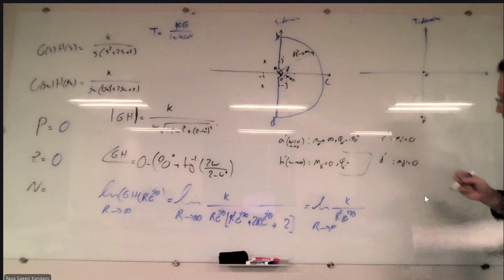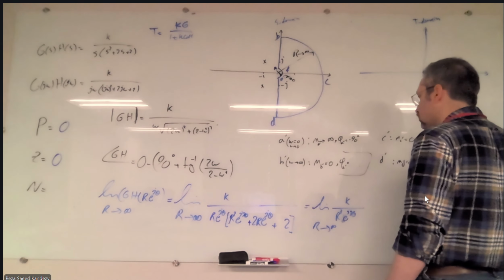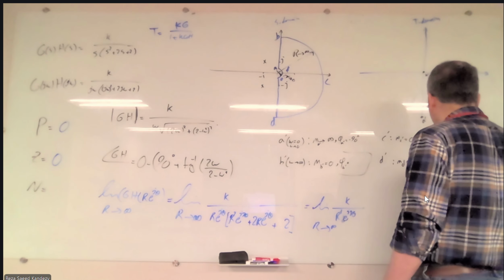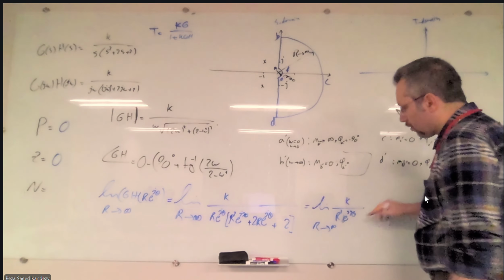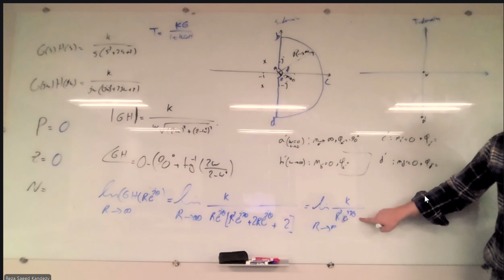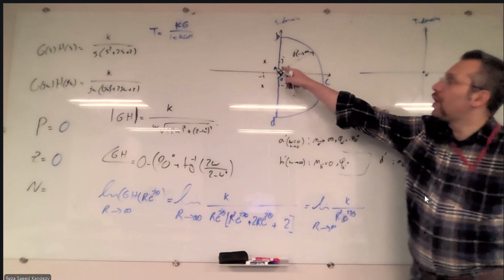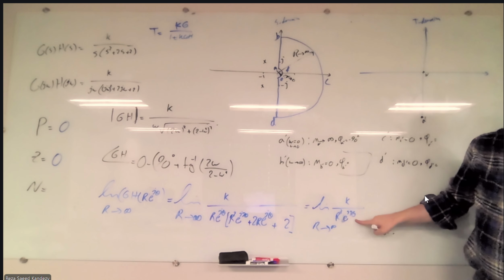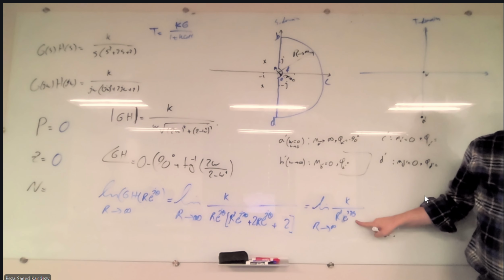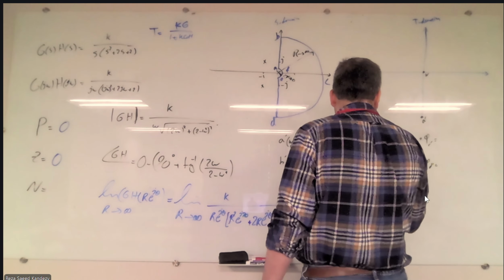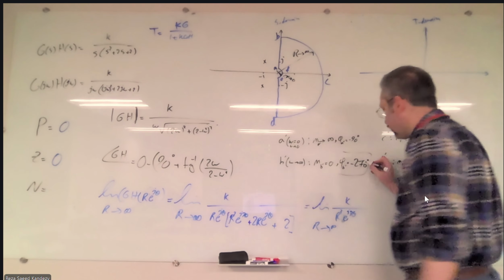Now, how about the phase? The phase of the C prime, B prime, and D prime. The phase is going to be 0 minus whatever phase we have in the denominator. So for B prime, we have 90, so 3 times 90 is going to be 270, and we have 0 minus 270, so here we have minus 270 degrees.